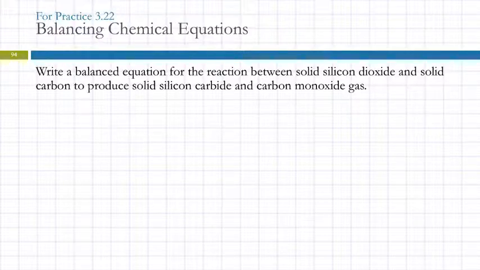So when we read this sentence, it's the reaction between silicon dioxide and, so that "and" is going to be plus, to produce, that's where the arrow goes, silicon carbide and. Okay, so we've got the structure hidden in that sentence.